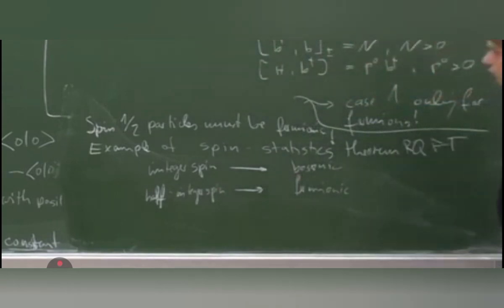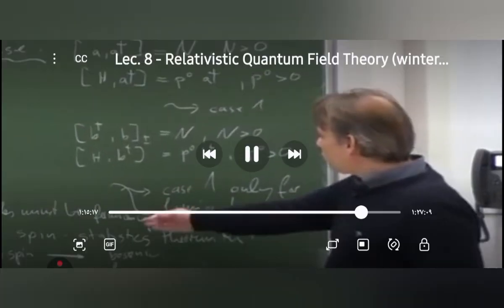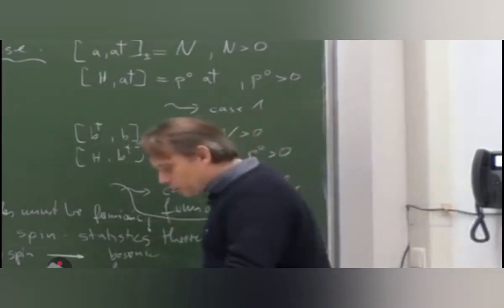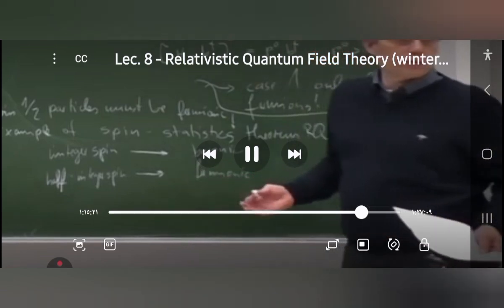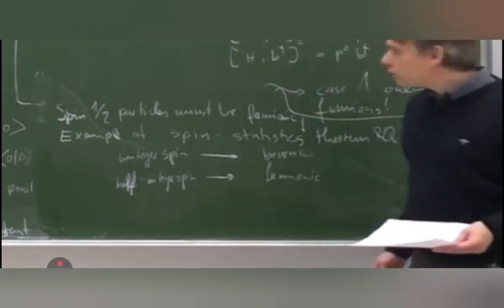And we have seen here the example of the Dirac case, which describes spin 1/2 particles, and we see that statistics must indeed be fermionic. And in the previous case, the scalar field had to be bosonic.